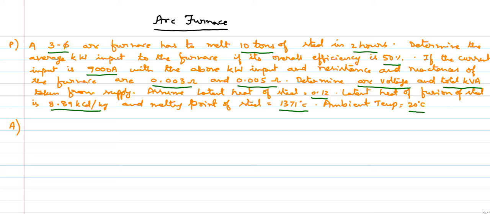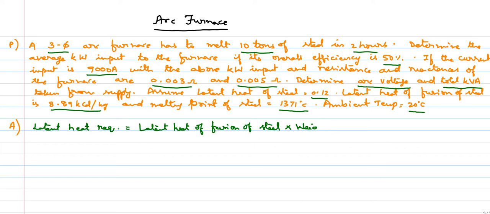First we need to identify the heat required. To go ahead with this, first we need to find the latent heat. Two heats are available here. One is the latent heat required, which is equal to latent heat of fusion of steel into weight of the material.